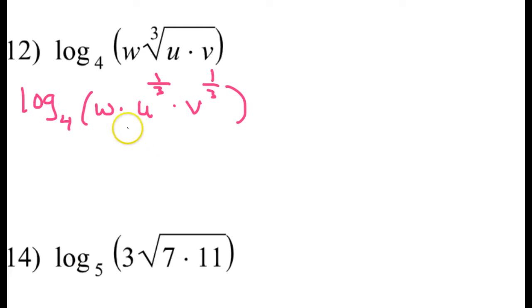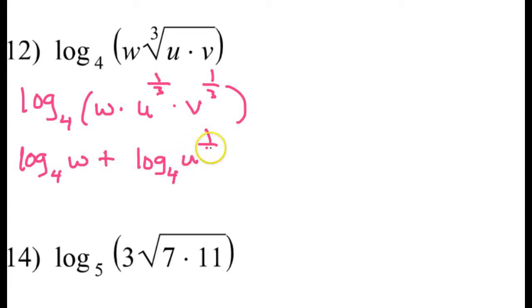And now I can use the product rule to separate this into the sum of 3 logs. So this would be log base 4 of w plus log base 4 of u to the 1/3 power plus log base 4 of v to the 1/3 power.